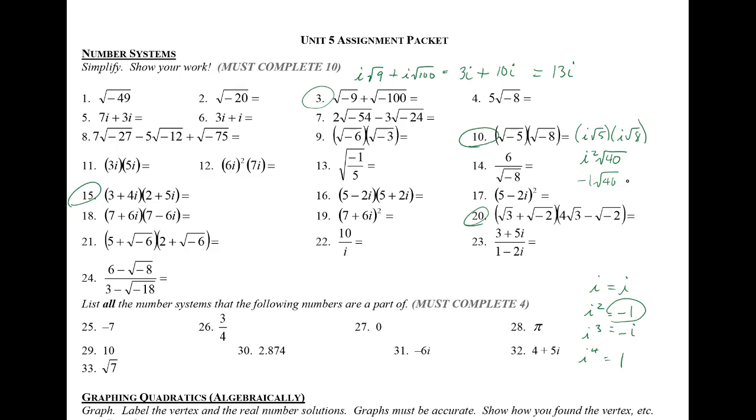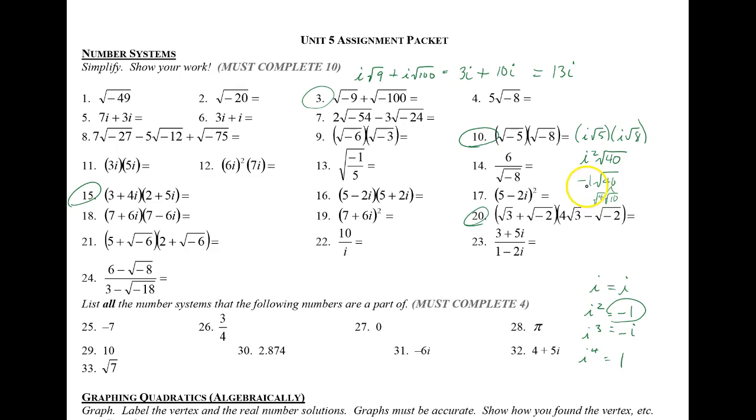Then I'm going to try to break down the square root of 40, okay? Now, how do we break down the square root of 40? Well, you look for something that goes into 40 that has a square root. So for me, I know that 40 is 4 times 10, right? So if I break down the 4 times 10, well, the square root of 4 is just a 2.